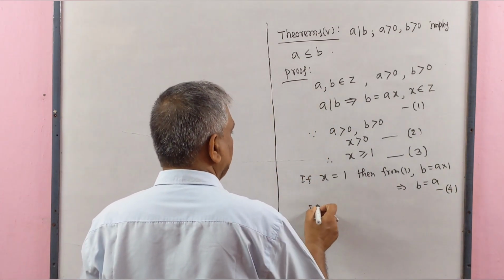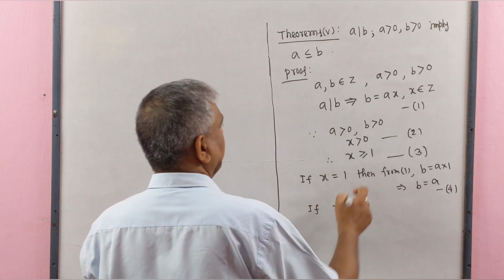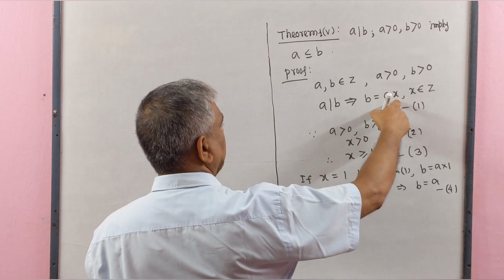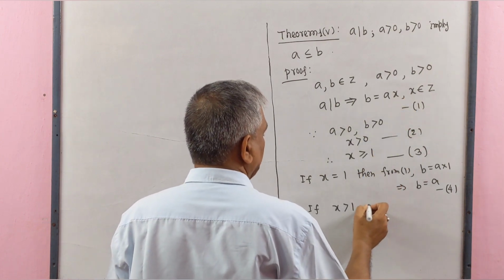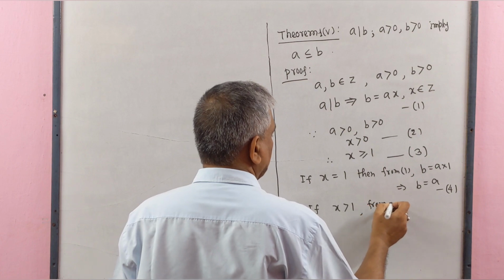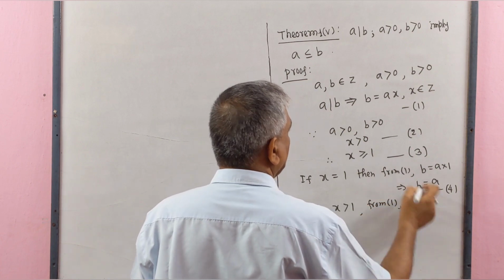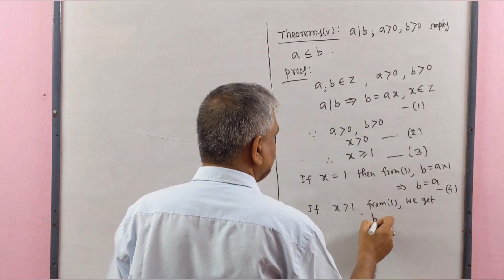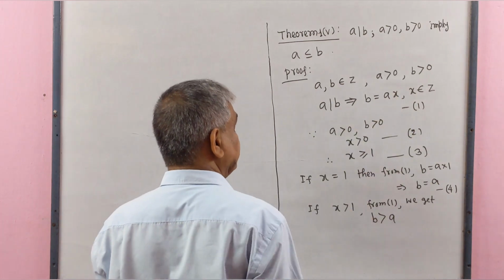If X greater than 1, then from 1 we get B greater than A because X is greater than 1.